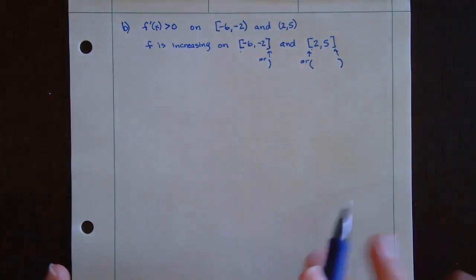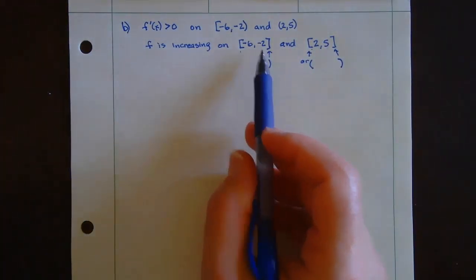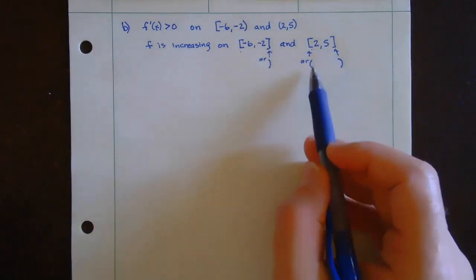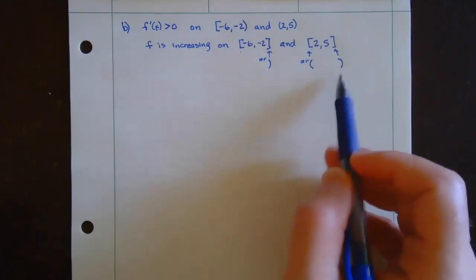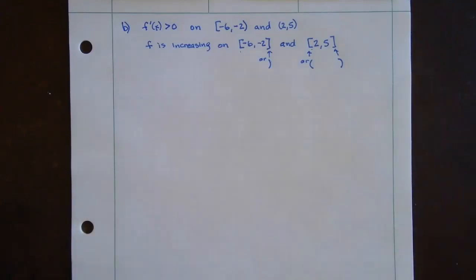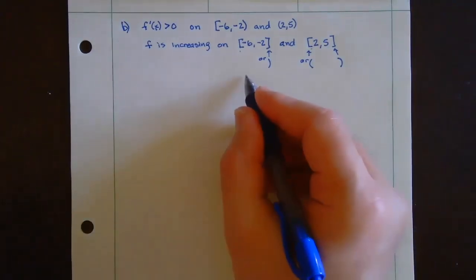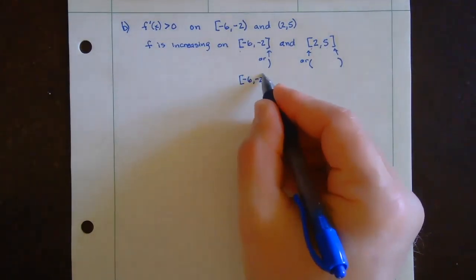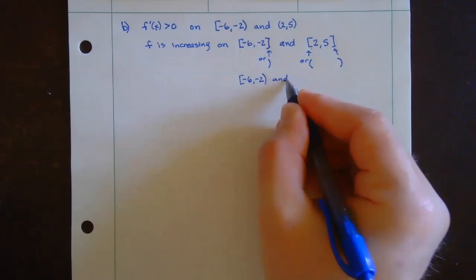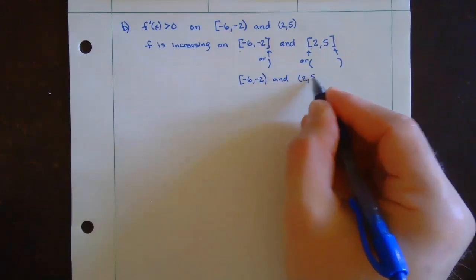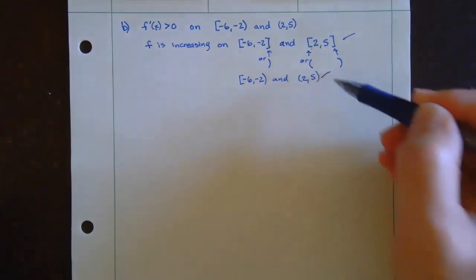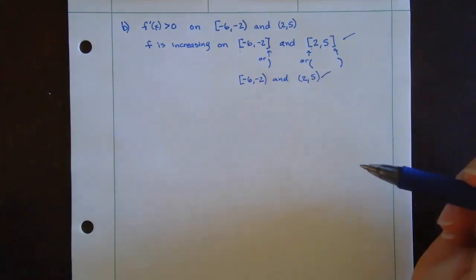So there's two ways to write this. You can do bracket -6 to -2, bracket or parenthesis, and for 2 to 5, you can do brackets or both parentheses. Maybe I should just write it like this. So they would accept this as a way of answering it, and they would accept this way too. And that's it.